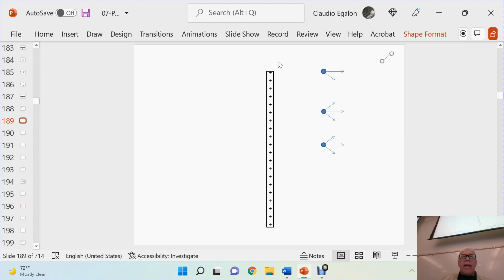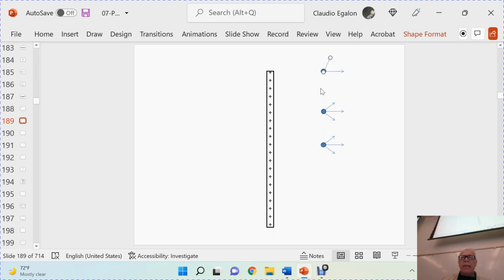And since there are no electric charges here in this region, we are not going to have any electric field contribution from that. But we are going to have electric field contributions from this very edge here that's going to point somewhat like that. Okay?